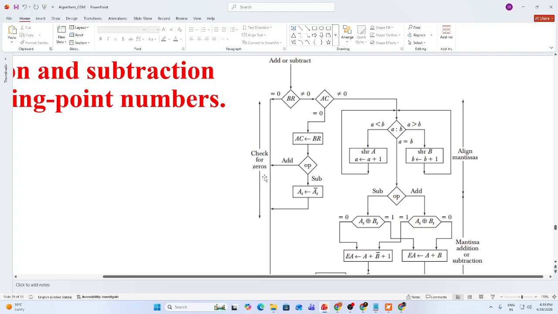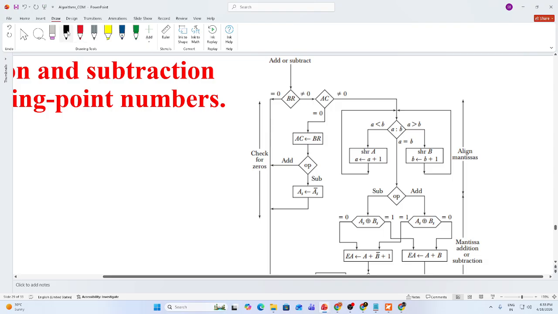Check for zeros. What is meant by check for zeros? I am doing the operation AC plus or minus BR. I want to do either addition or subtraction, I give one input in AC and another input in BR, and start the algorithm. First I do a conditional check: if BR equals 0, directly end the algorithm.